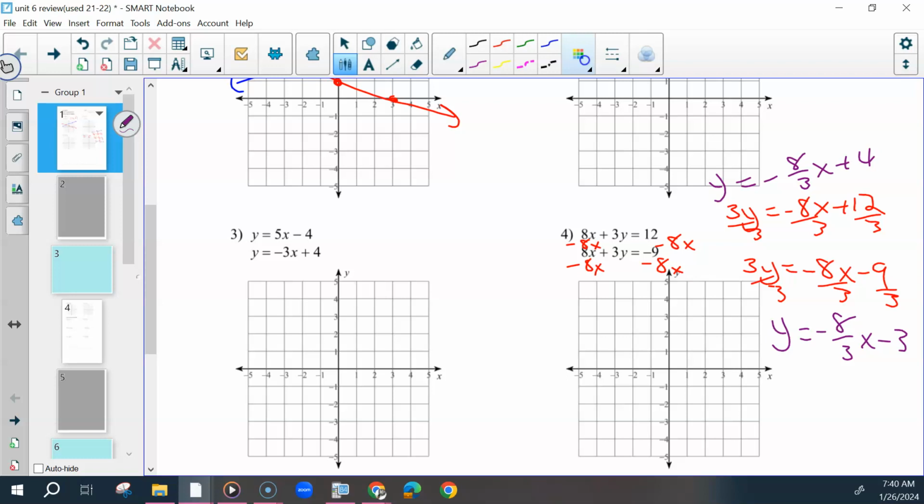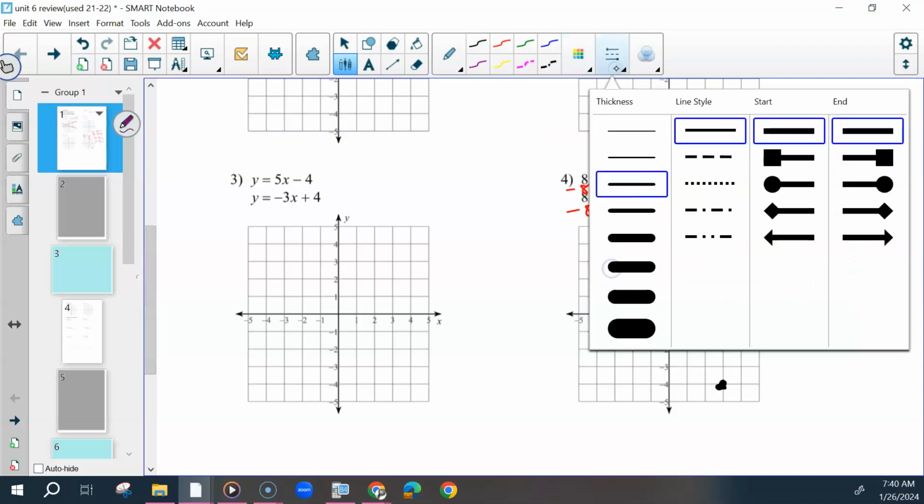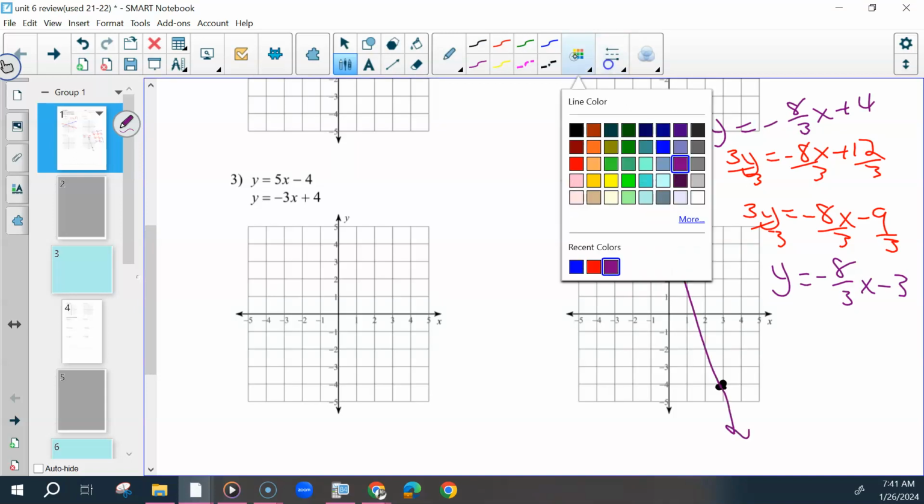Okay. Without graphing these, I can see these have the same slopes with different y-intercepts, so these are going to be parallel, no solutions. Still graph it though. The second one, you can't graph that, right? Because it's going down. You should be able to graph it, because you can go the opposite direction. The first one, I can go down 8 and to the right 3.